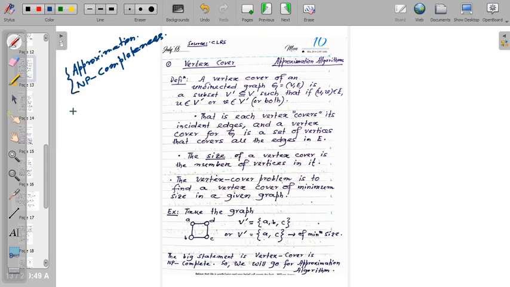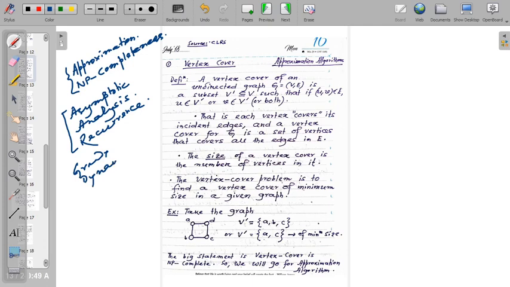Then as usual, asymptotic analysis and recurrence will be there. Then greedy and dynamic programming will be there. Then randomized algorithm will be there.